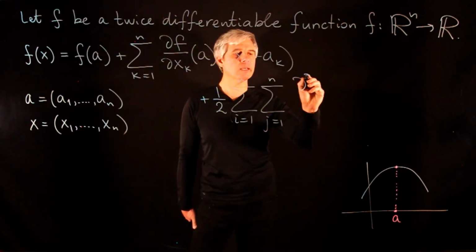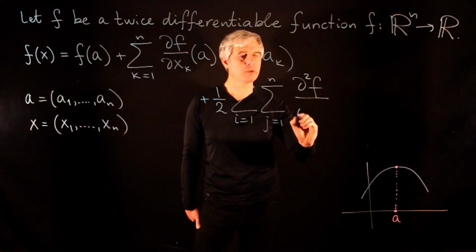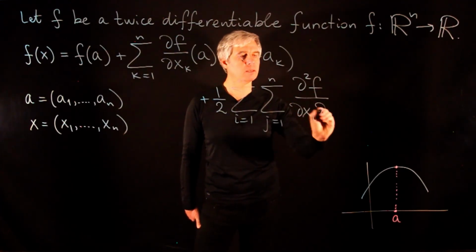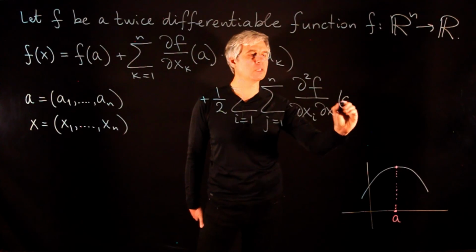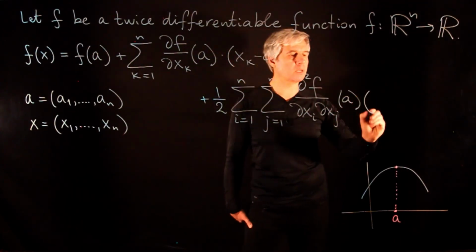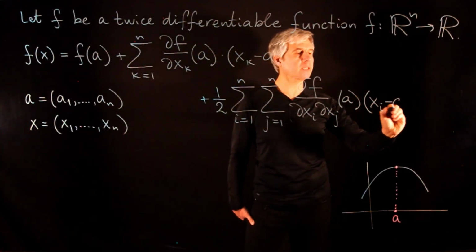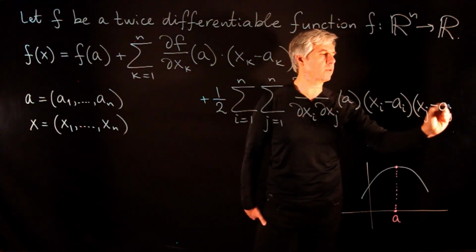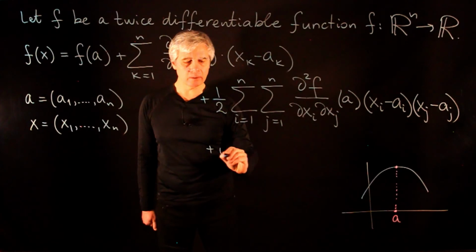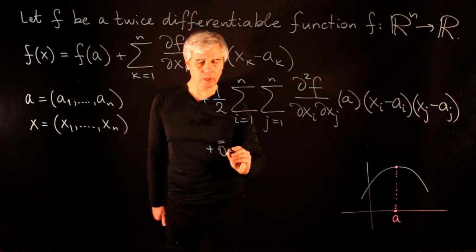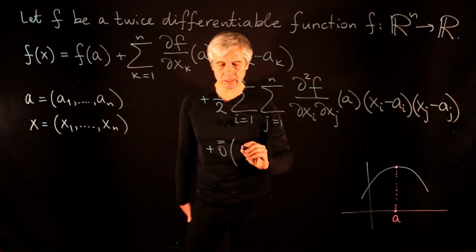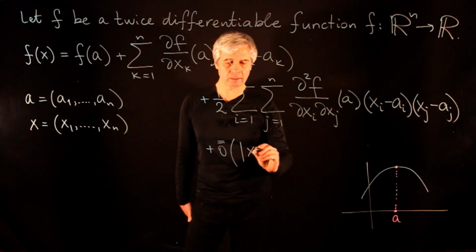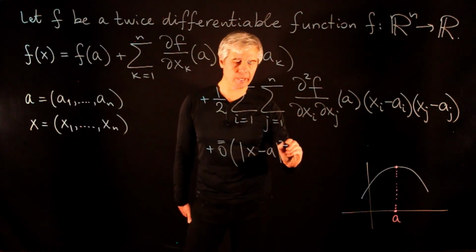So we take the second derivative of f with respect to xi and xj evaluated at a times xi minus ai times xj minus aj, plus the tail, which is little o of the distance between x and a squared.